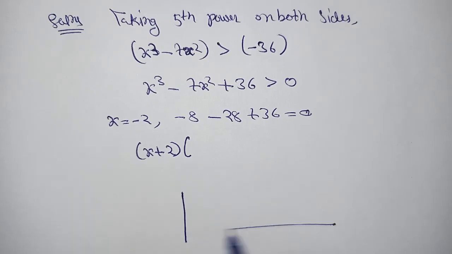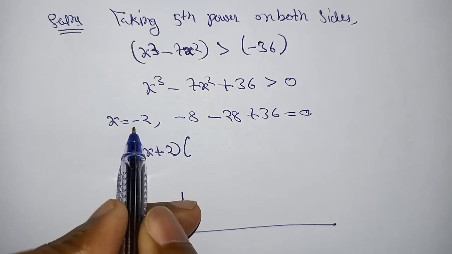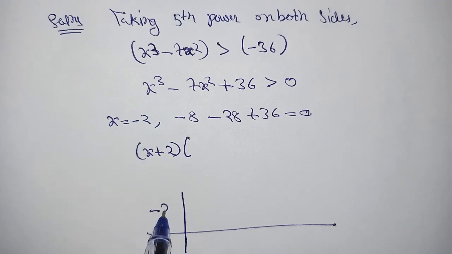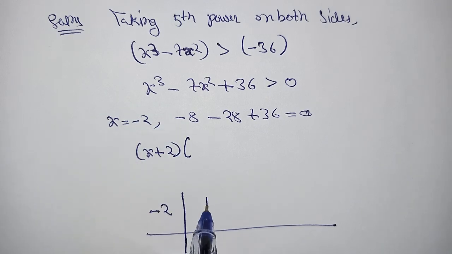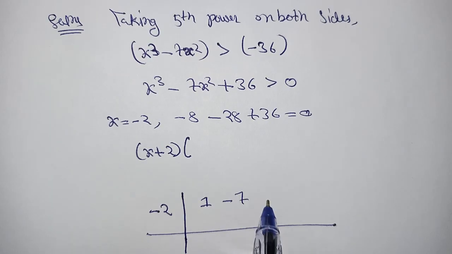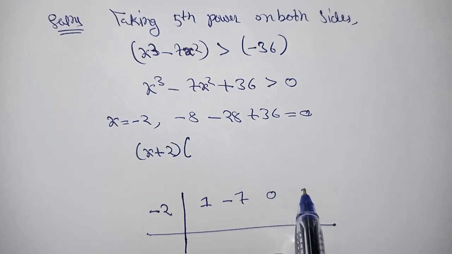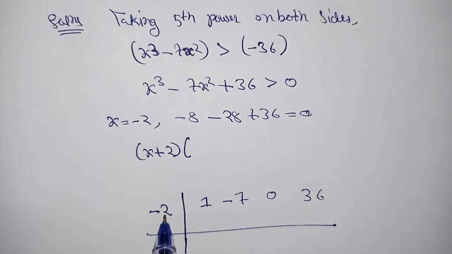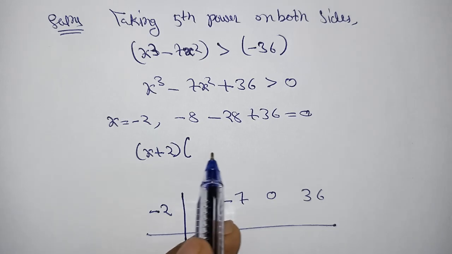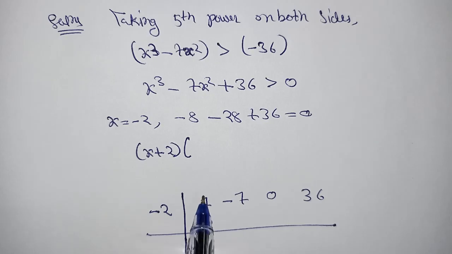What is synthetic division? We can write it as, here root is minus 2, and coefficients are 1, minus 7, 0 and 36. So we write as it is, minus 2, here taking 0 for the x term, and this is the coefficient of x cube, so here will be coefficient 0, and 1 plus 0 will be 1.